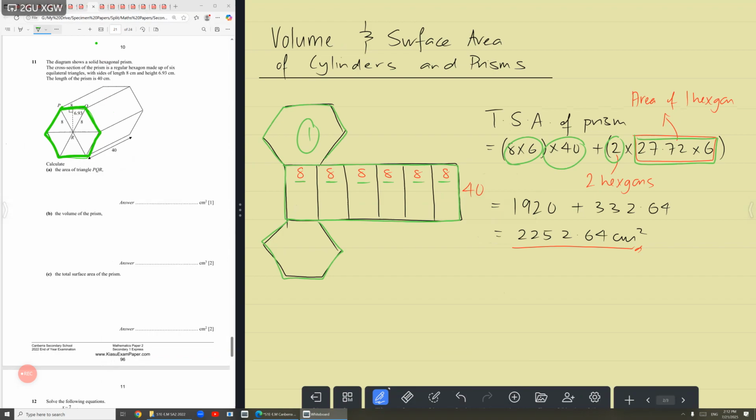Okay, so 2 is because there are 2 hexagons. 27.72 again is the area of one small triangle, so we multiply by 6 to get the area of 1 hexagon. Multiply by 2 because there are 2 hexagons. All right, so just find the sum, and then we can get our answer for the total surface area of the prism.